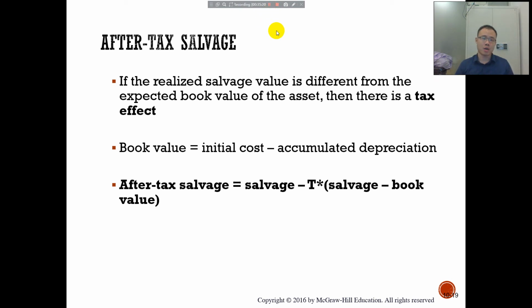For example, in the previous example, you have a 90,000 initial investment. So the initial cost is $90,000, and each year your depreciation is $30,000. After 3 years, your book value should be 0.